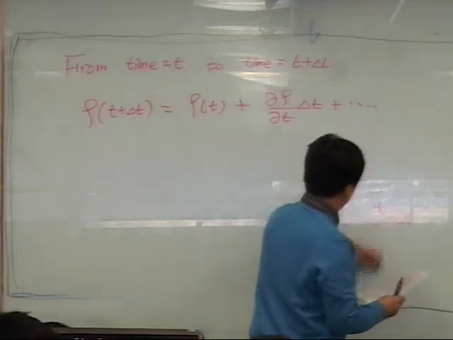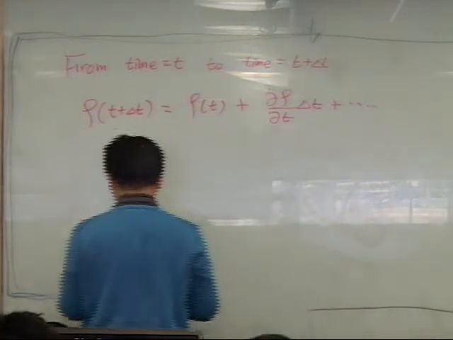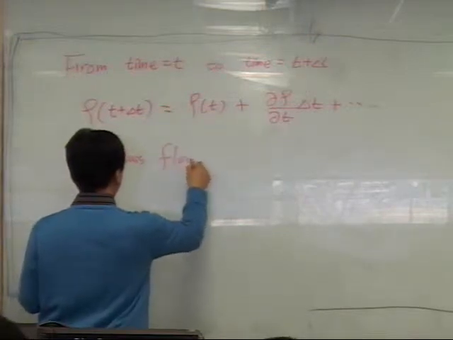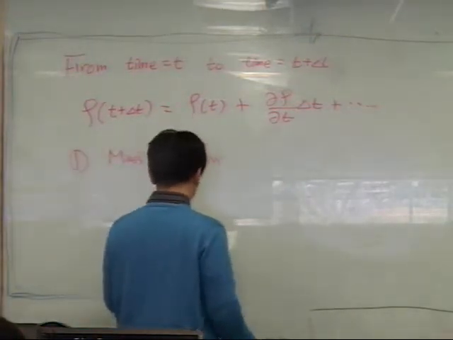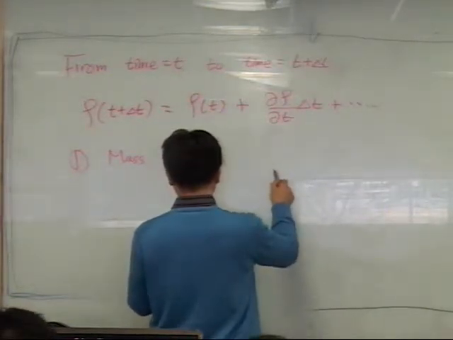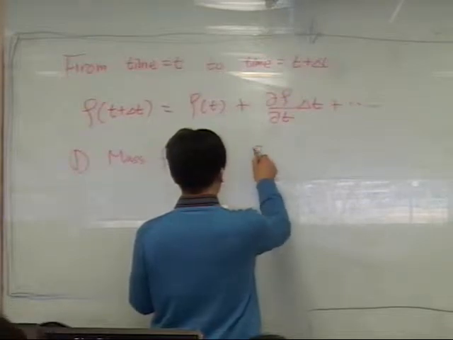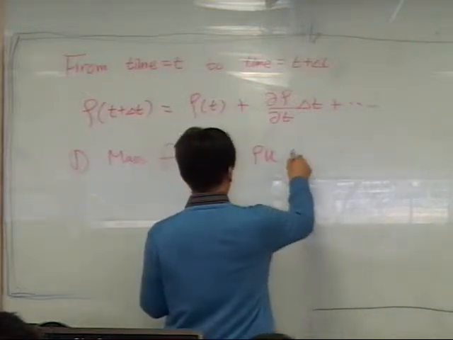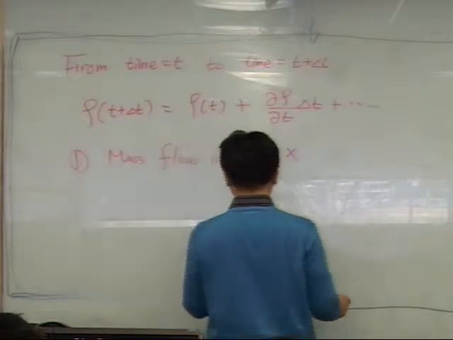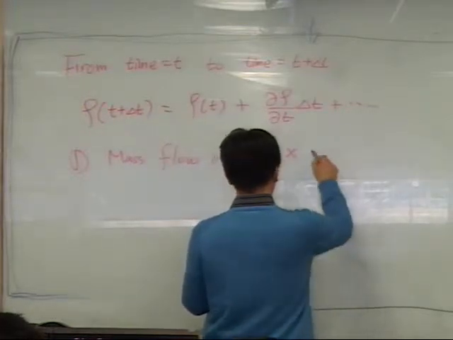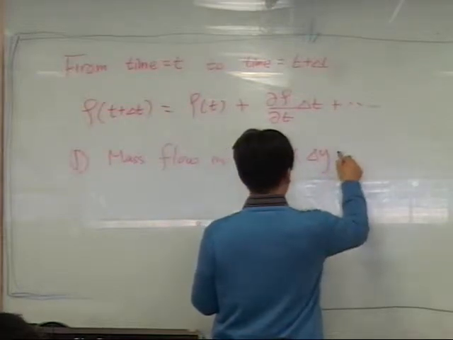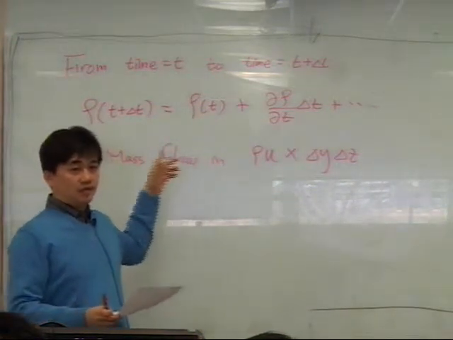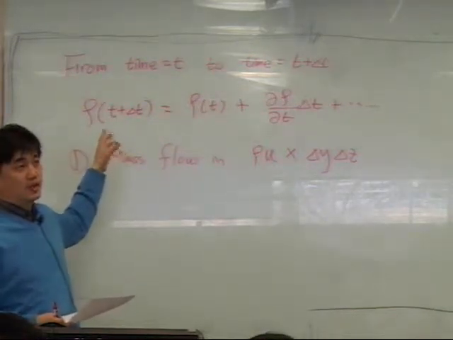Okay, so in this 2D problem, first, mass flow in for the x direction is going to be rho u, so rho u multiplied by delta y delta z. Yes, even though this is a 2D flow, we can think of the depth of that control volume, because it's a volume, not a surface.